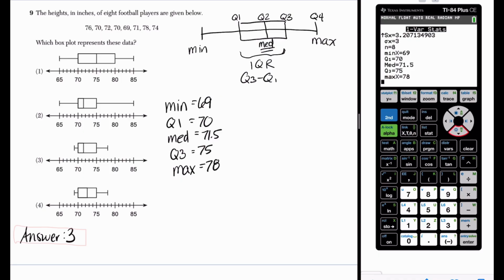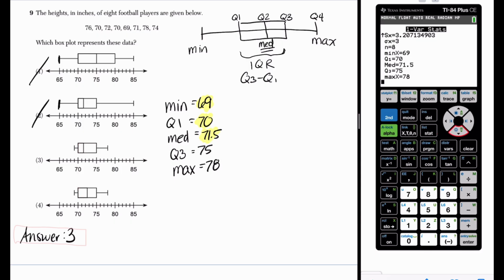Now I can use just those numbers and look to see which one matches. So the first part I like to look at is my minimum, which is 69. Looking at this, I notice these two are at 65. So that gets rid of number 1. And then we can go down to the next one and look to see which one has a Q1 of 70. Okay, so of the two I have left, this one's at 70 and this one's at 70, so we're good there.